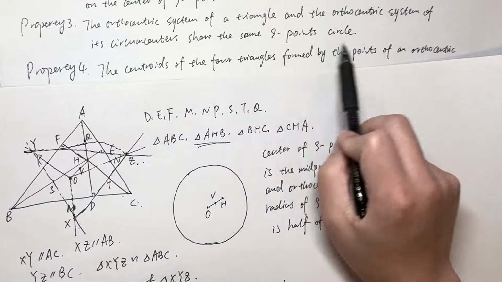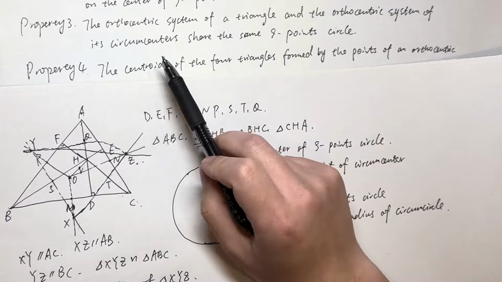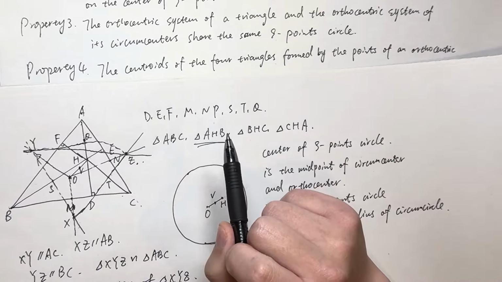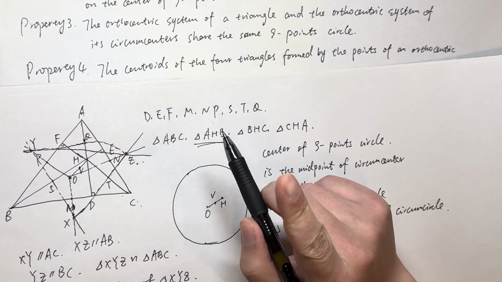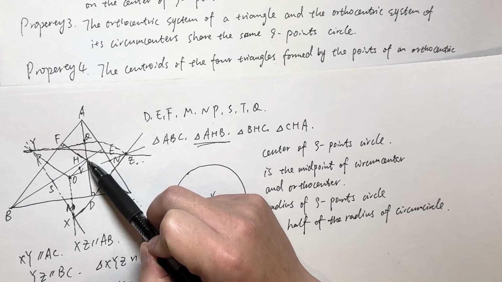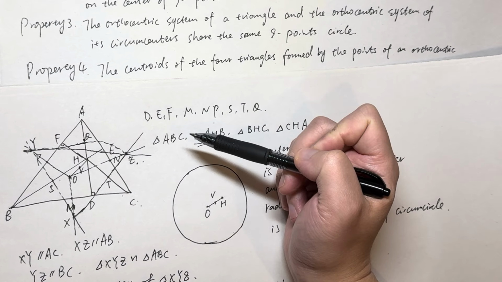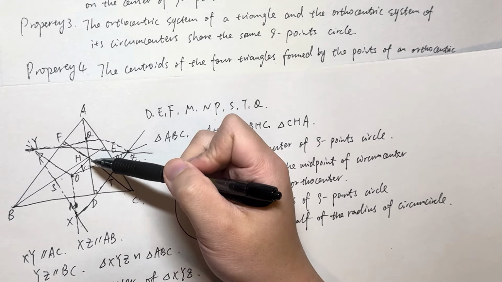So to prove that the two orthocentric systems share the same 9-point circle, we just need to prove that H is a circumcenter of the triangle XYZ. And of course, we need to prove something else, but let's just think about this one.